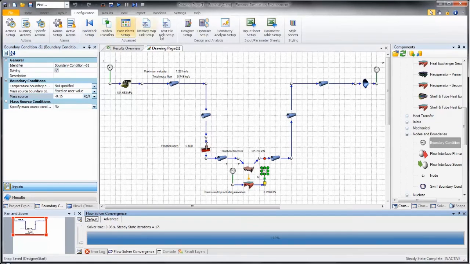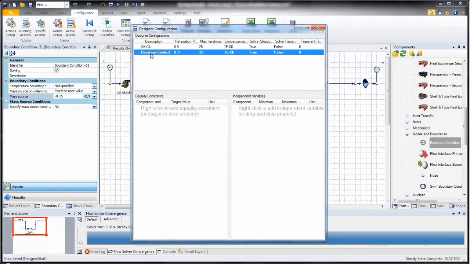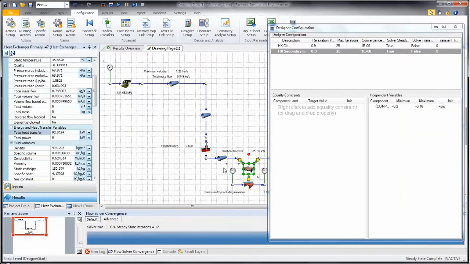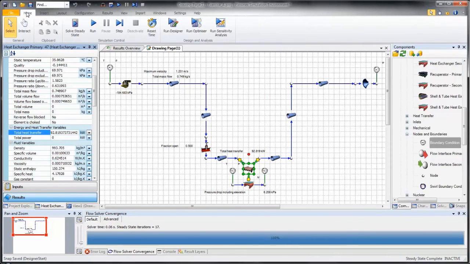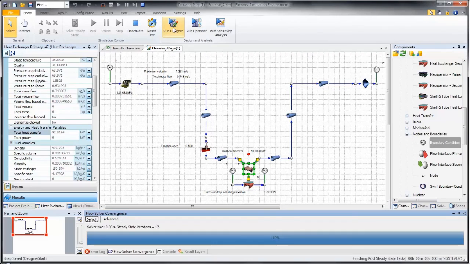And then finally set up a designer to get to an exact heat load of 100. There we go. The last bit of getting the secondary side to exactly 10 kPa, I'll leave up to you.